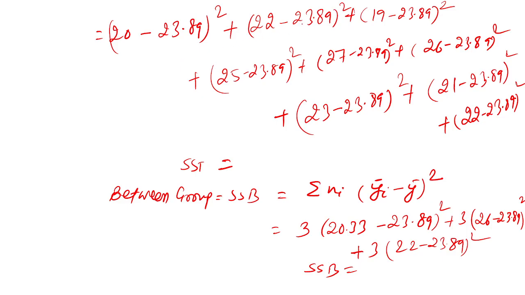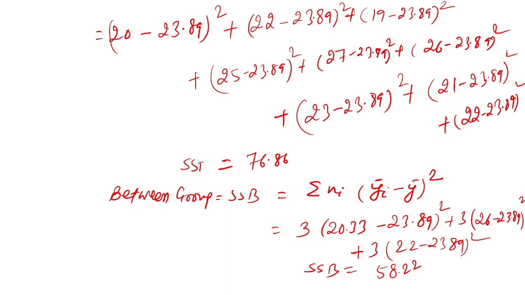I'll write all the values. It will come 76.86. It will come 58.22. So please cross-check after the session. This is the value that will come.